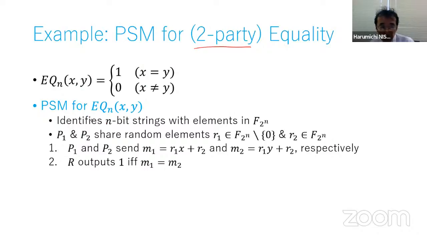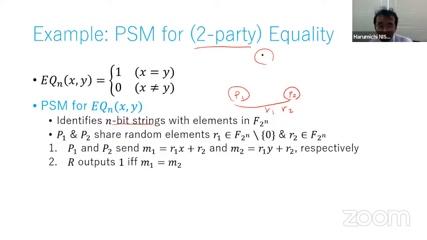Here we consider the n-bit string as corresponding to a field element in a field of size 2 to the n. Then P1 and P2 have shares R1 and R2. R1 is a non-zero field element, and R2 is a field element in this field.